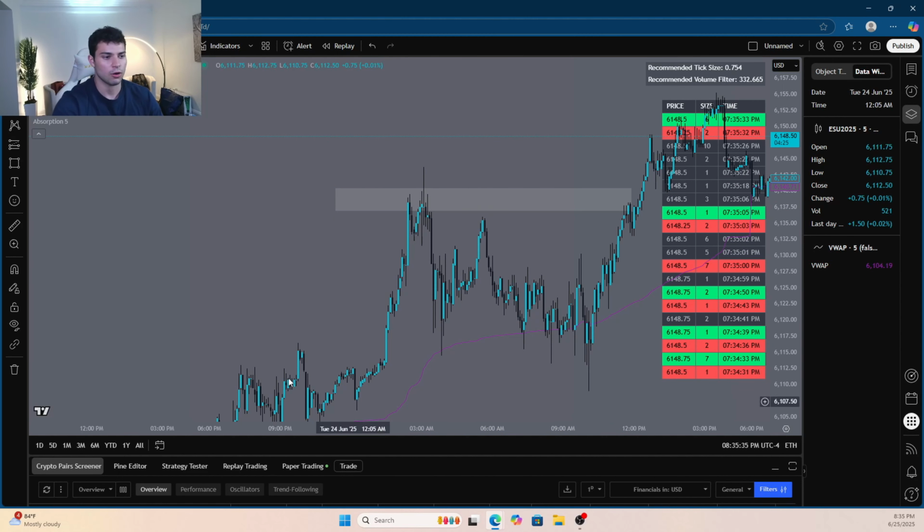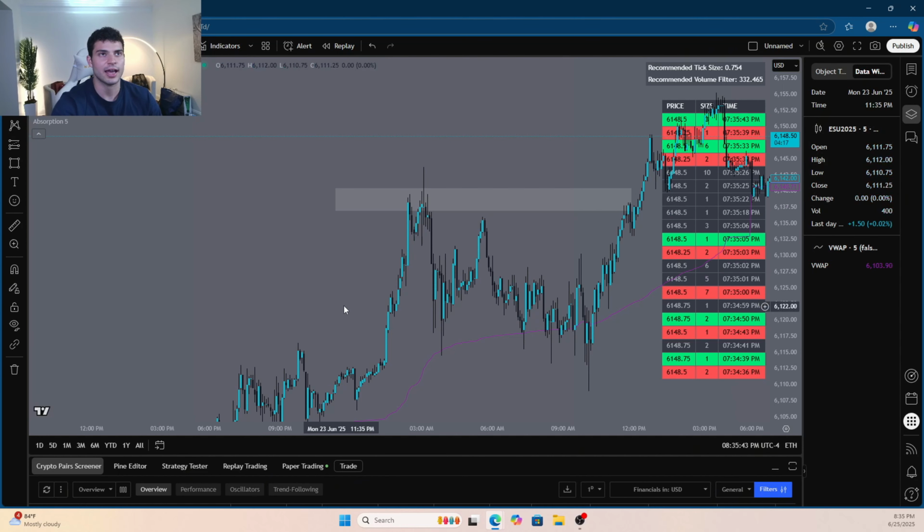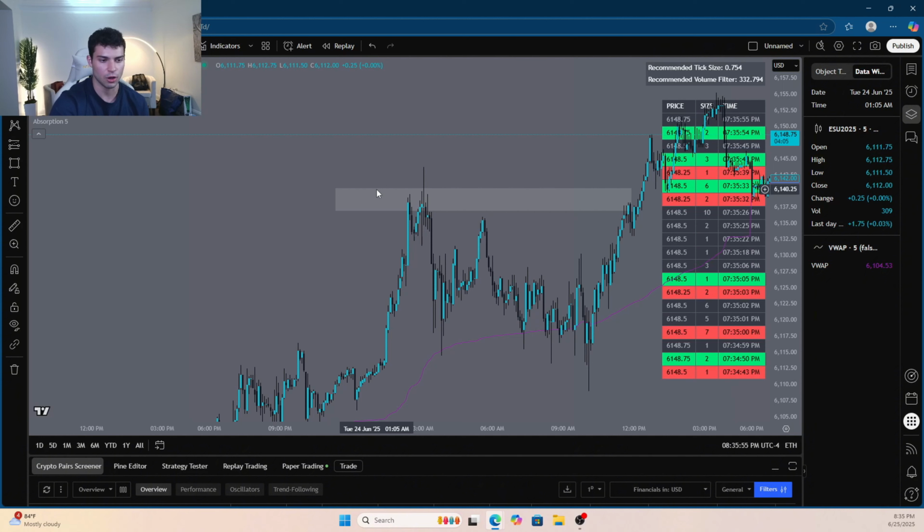Okay. So how you're going to look at this is, let's say this is a supply zone on ES, right? And you're looking at this high, right? The supply zone, this high. You're thinking, this is a textbook spot where a lot of traders will pile their stop losses just above this zone, right?